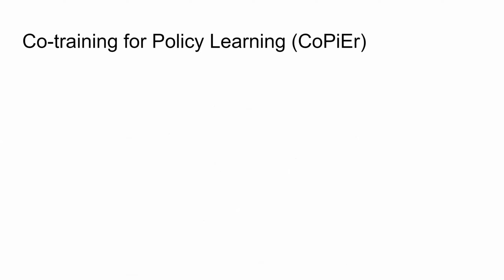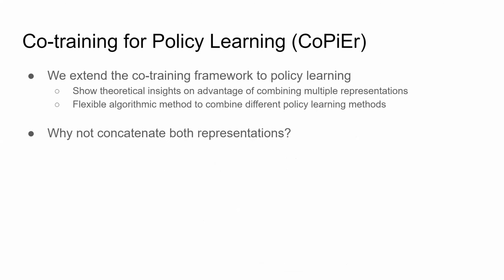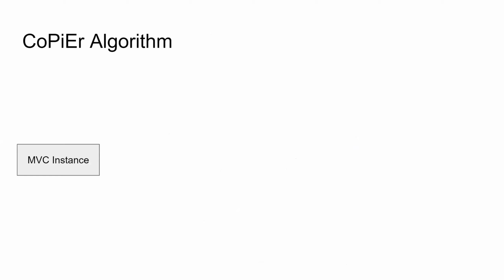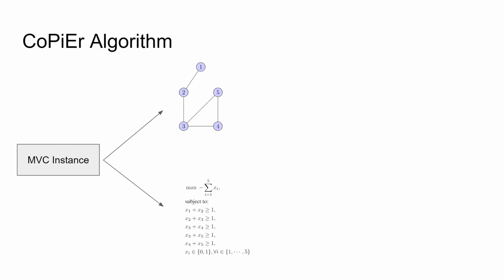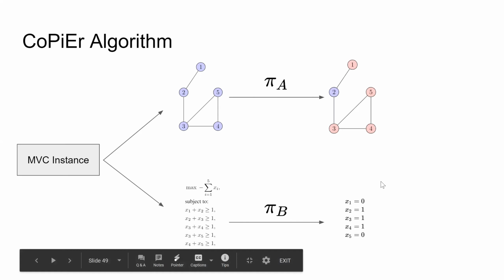In this work, we generalize this to policy learning, where we're making a sequence of decisions. The core of the algorithm, which I'm showing with this toy example of minimum vertex cover, is as follows. First I write down the problem in terms of two representations.